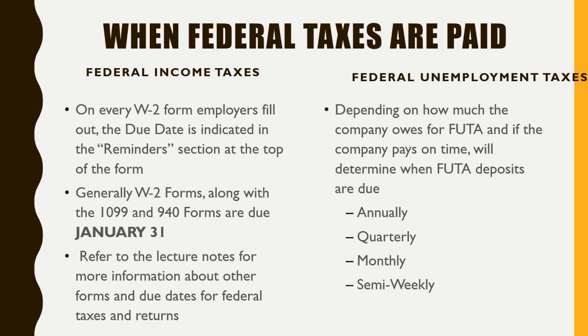So, for example, a company like Walmart that has a million employees is going to be expected to pay every week. But if you're looking at a small coffee shop business, maybe a small donut shop, a mom and pop shop that has a couple employees, then they are able to get away with paying quarterly.